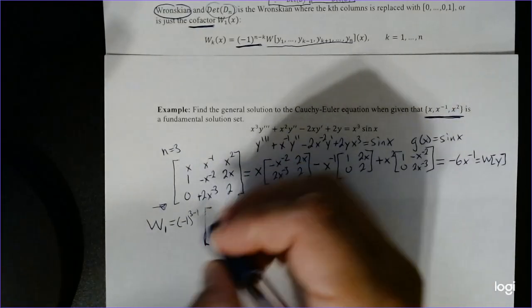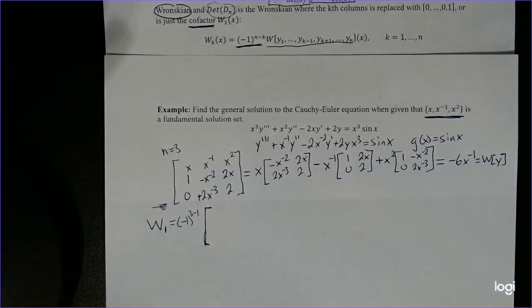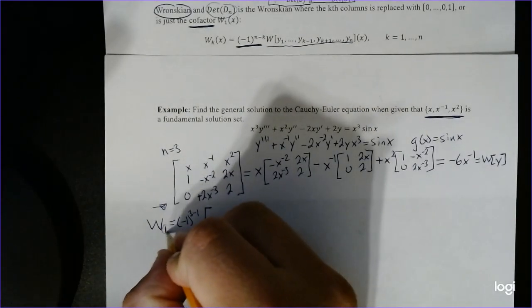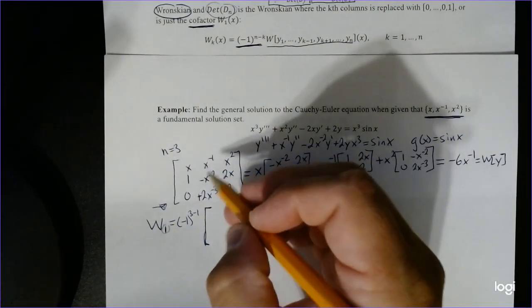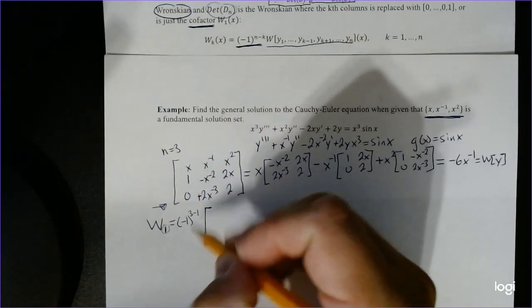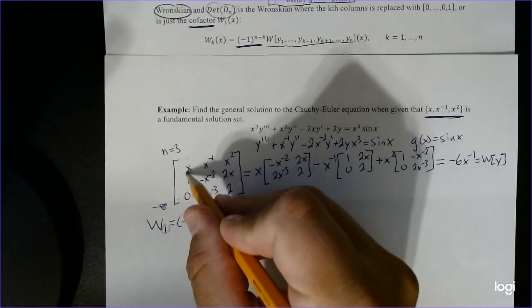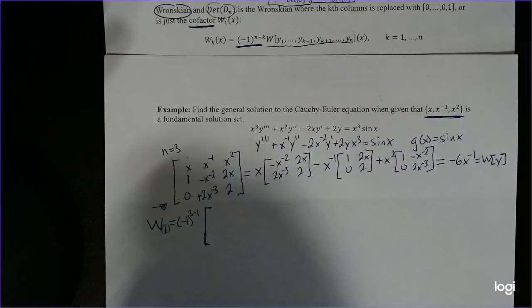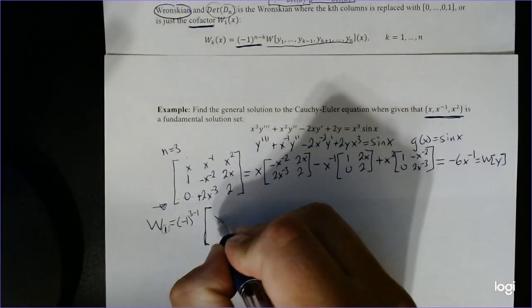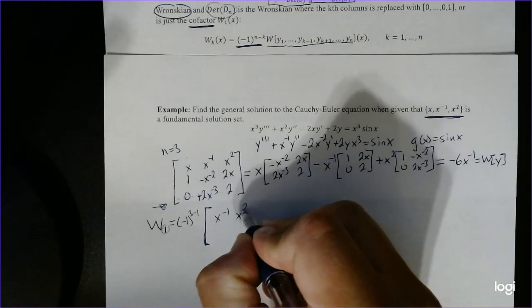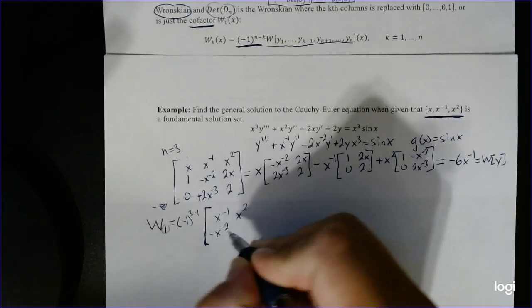Now, this 1 here says I'm going to eliminate the first column as well. So I'm just going to go like this, and then like this. And what's left over gives me a matrix of just a 2 by 2. So it drops 1 degree in both dimensions.